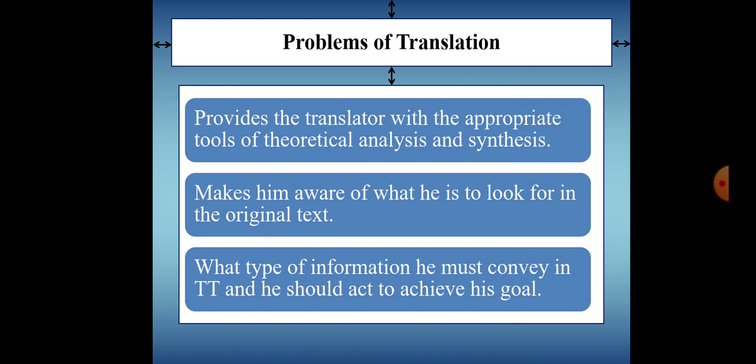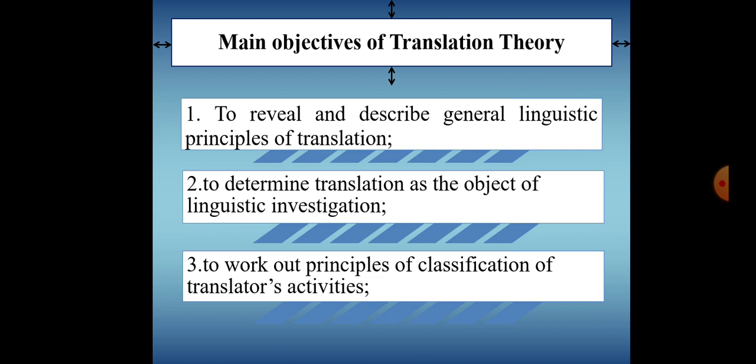The Translation Problems course provides the translator with the appropriate tools of theoretical analysis and synthesis, makes him aware of what he is to look for in the original text, what type of information he must convey in the target text, and how he should act to achieve his goal.